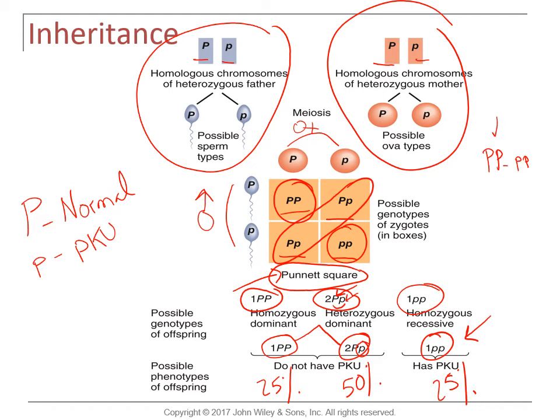This is homozygous dominant, and this is homozygous recessive. An individual with different alleles on homologous chromosomes, for example big P and little p, is heterozygous for the trait.